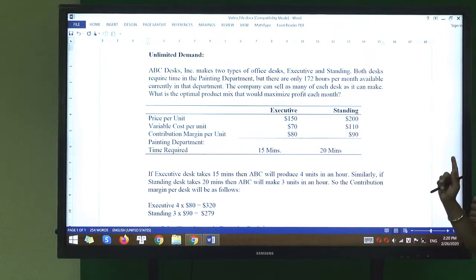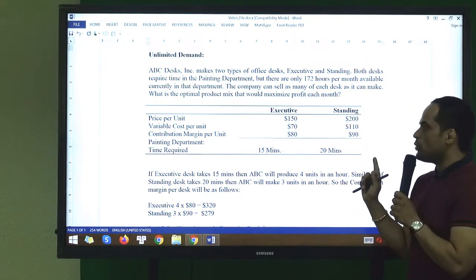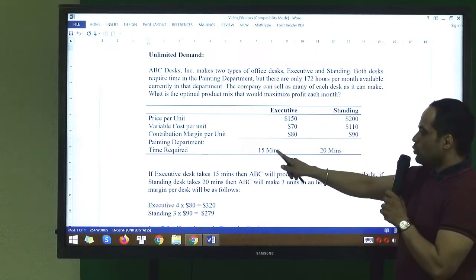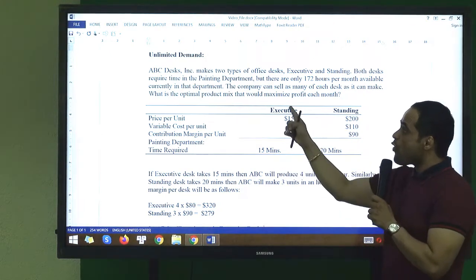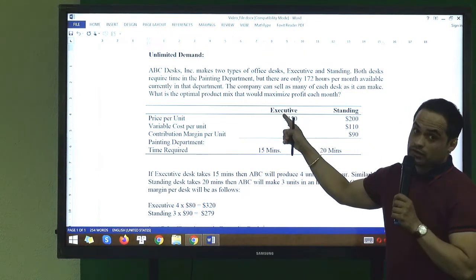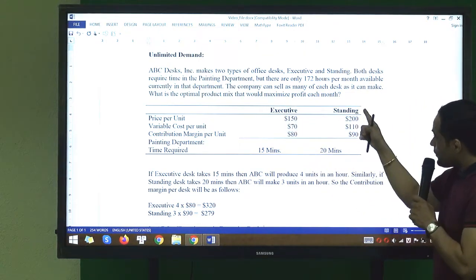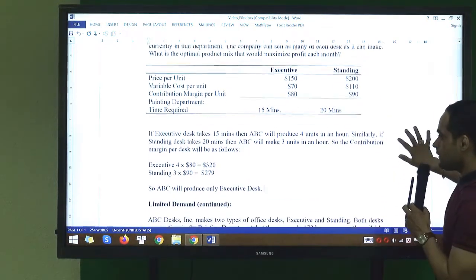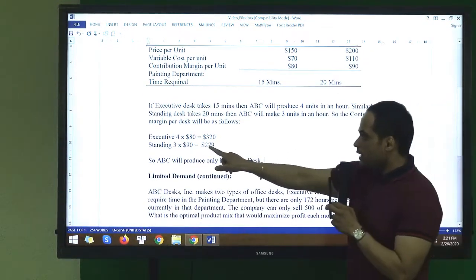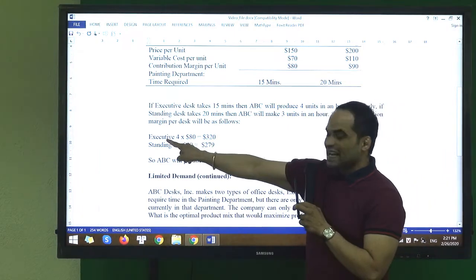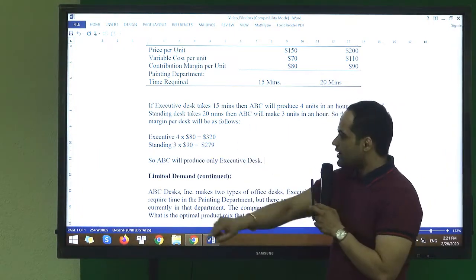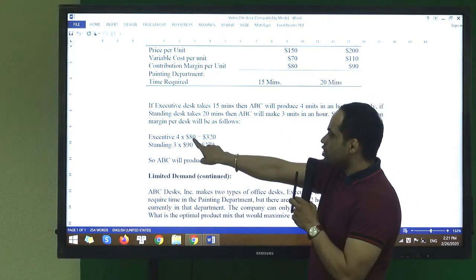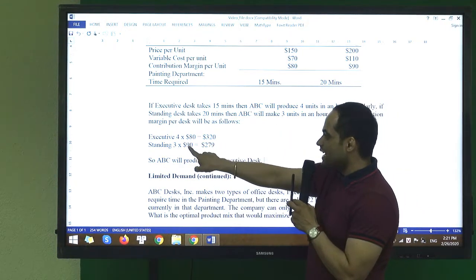So the idea is, in 1 hour we can make 4 executive products and 3 standing products. And the contribution margin per product is 80 and 90.